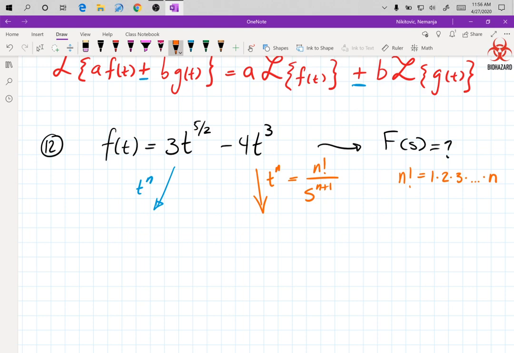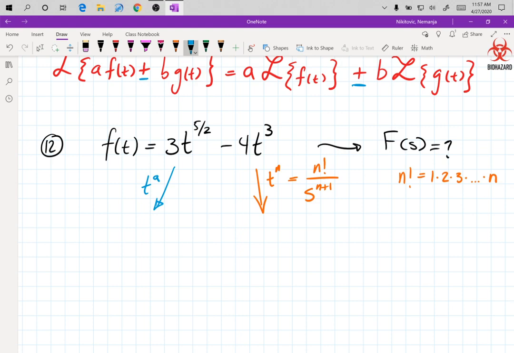So now we have an issue here, because t to the n is not going to work, because n factorial works on integers: 1 times 2 times 3. There is no 5 halves. 5 halves is 2.5. It doesn't work in a factorial. So we can't use this one here, t to the n. We have to use t to the a.